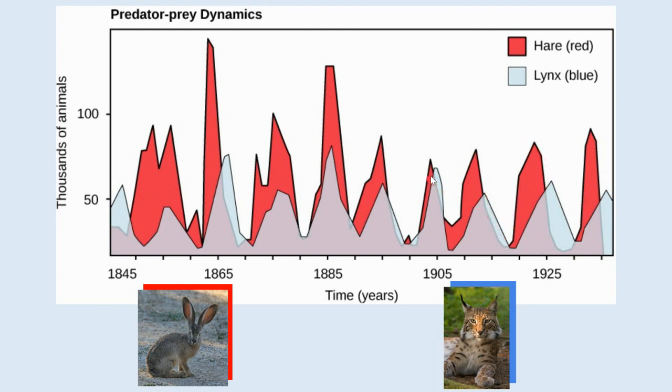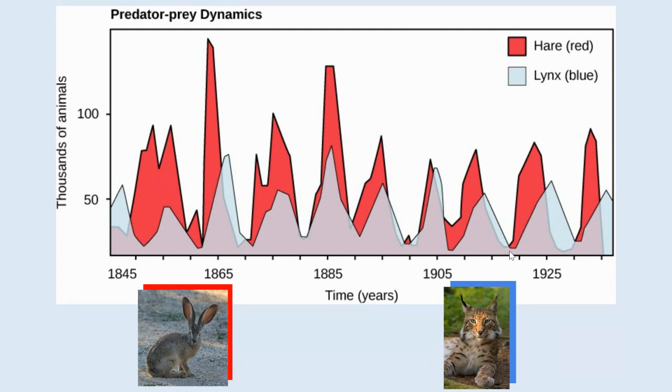But most of the time, you see that the lynx population is pushed this way compared to the hare population. So hare population goes up, and then because the hare population goes up, the lynx population goes up, and when the lynx population hits its peak, the hares plummet, over and over and over again.